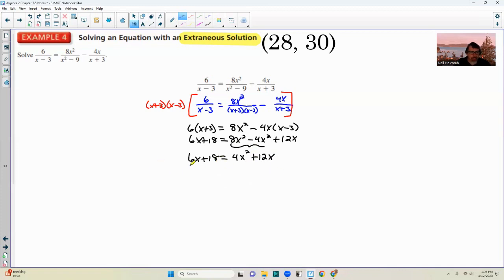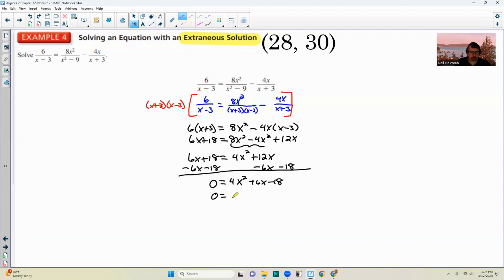Okay, sorry about that. Now I'm going to subtract 6x and subtract 18. Subtract 6x, subtract 18. Okay, and we get 0 on the left. We get 4x squared plus 6x minus 18 on the right.